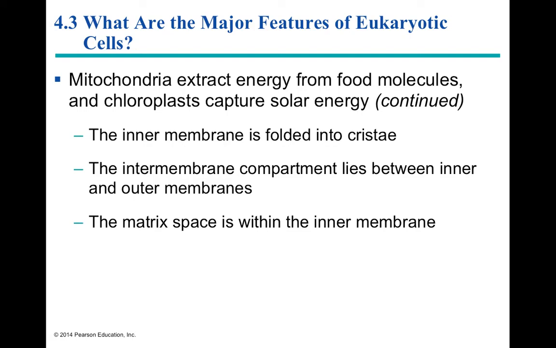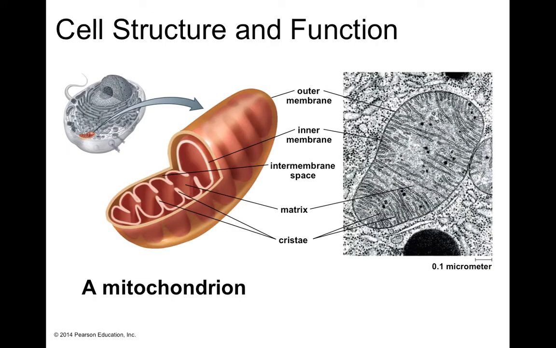And we have a central region called the intermembrane compartment that lies between the inner and outer membrane. And there's a matrix space within that inner membrane, and this specific structure is what allows the electron transport chain to take place. And don't worry, I'm not going to go into the specifics of the electron transport chain here. So this is what I mean when I say it hides inside a membrane of the host cell.